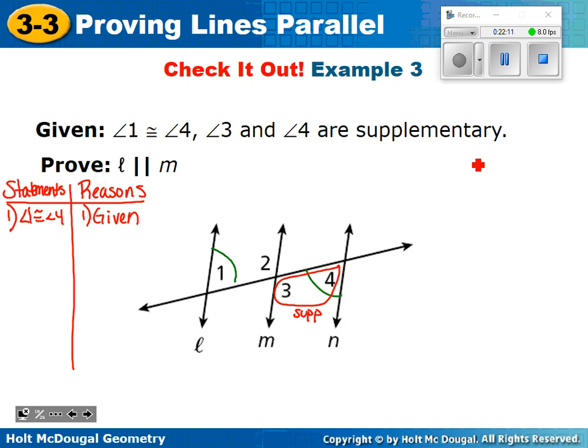That doesn't come from 1 being congruent to 4. What does 1 being congruent to 4 tell us? What's parallel? Okay, so if I look at that picture, what kind of angles are 1 and 4? Alternate interior. And so the lines that make those angles, which would be L and N, should be parallel, right? Okay, are we trying to get L parallel to N though? No.